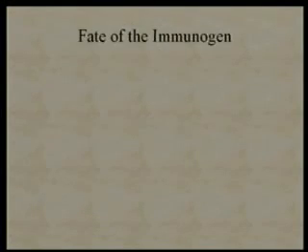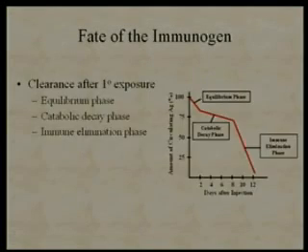All right. So let's first take a look at what happens to the immunogen. If we want to track what happens to the immunogen after it's injected into some organism or we get exposed to some sort of immunogen. All right, so we'll need to look, first of all, what happens to the immunogen after the first exposure, the primary exposure. What you see is if we were to inject, in say, an experimental system, a labeled antigen, something that we could track really easily as a function of time after injection, what you see is that initially there's a very rapid drop in the amount of antigen.